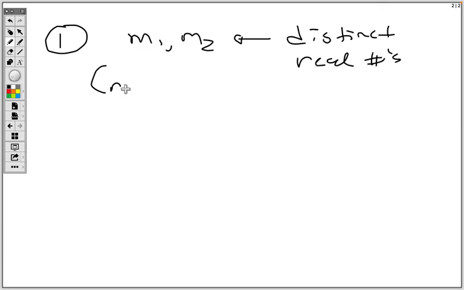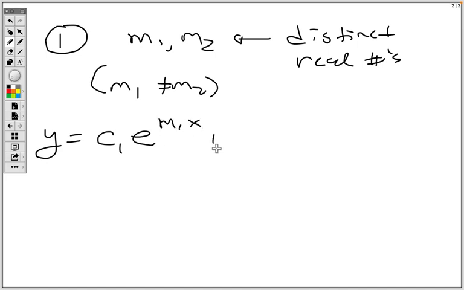Distinct is just a fancy way of saying that they're not the same. Then the general solution is c1 e to the m1x plus c2 e to the m2x. And we showed yesterday that if m1 and m2 are different, e to the m1x and e to the m2x are linearly independent via the Wronskian.